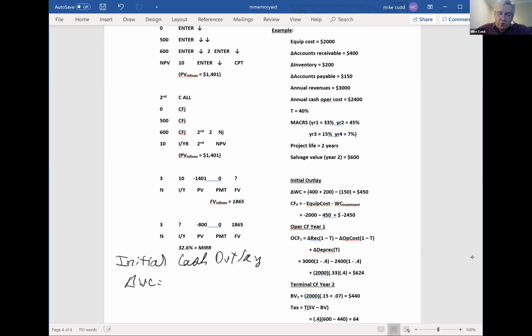Of course, working capital is current assets minus current liabilities. We're going to have current assets go up by 400 due to receivables. Inventories will go up by 200.